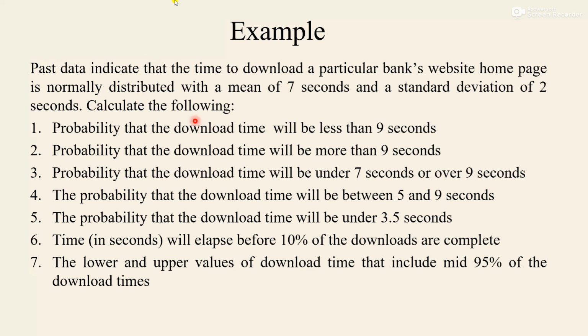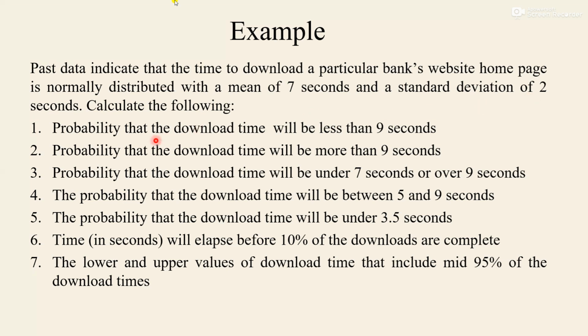Now we are coming to the example to solve the problems. The past data indicate that the time to download a particular bank's website homepage is normally distributed with a mean of 7 seconds and a standard deviation of 2 seconds.